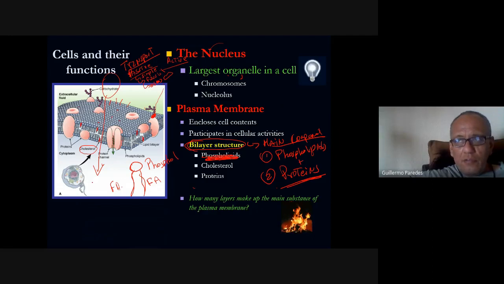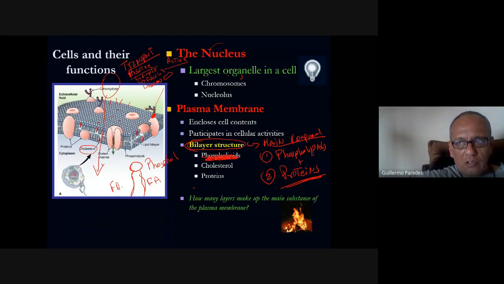Then we have facilitated diffusion. In facilitated diffusion, they pass through these channels, these proteins. Proteins are like the doors of your house. They knock on the door and you open the door in order to come in, right? The same thing happens with the monomers of carbohydrates, like monosaccharides, the amino acids, and the fatty acids.